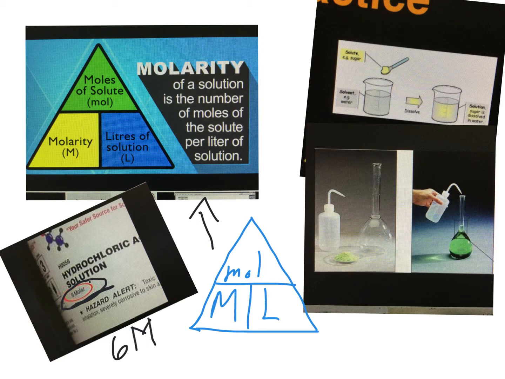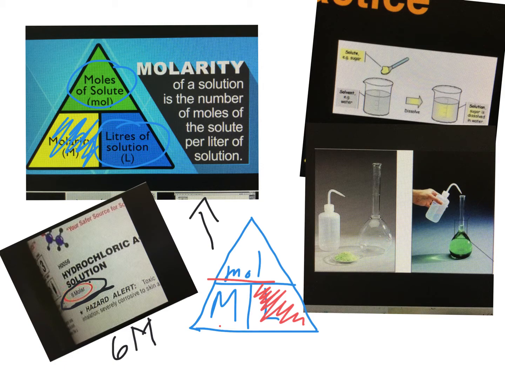So if you're looking for molarity, you're going to cover the molarity part, and your formula is moles divided by liters. Okay, but now let's say you're looking for something like volume. If I'm looking for liters, then my formula is going to be moles divided by molarity.